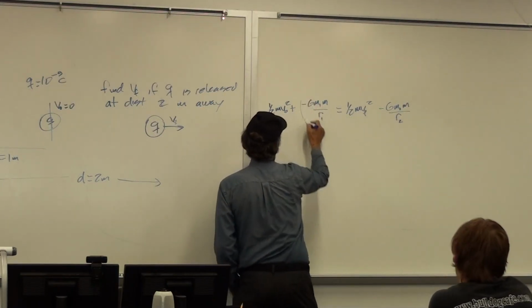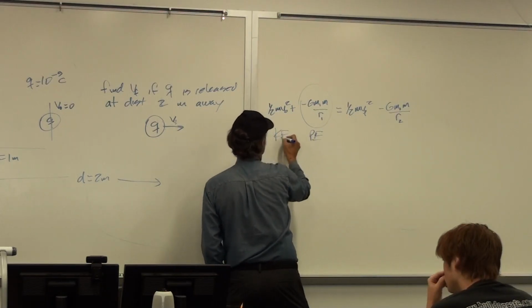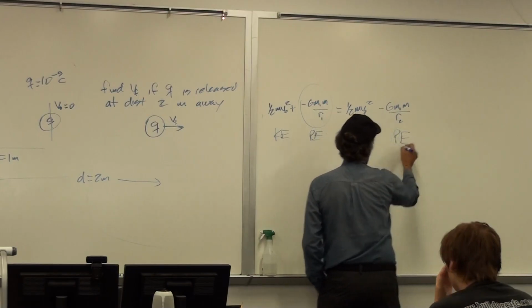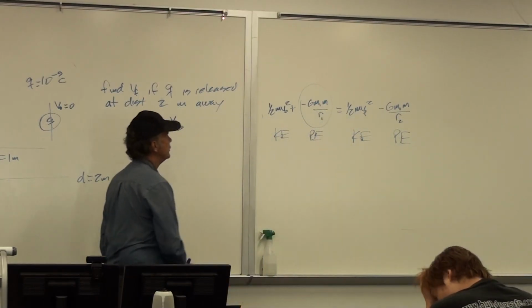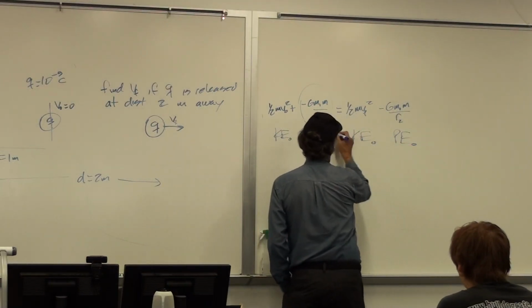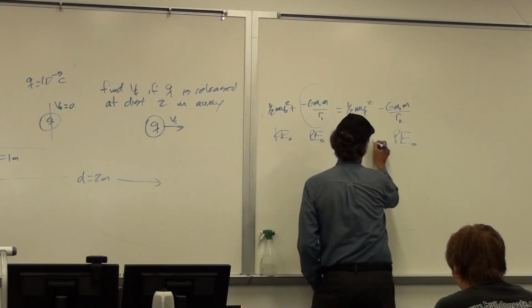So these were our potential energy terms. These were our kinetic energy terms. And we solved some problems doing that. Kinetic energy initial plus potential energy initial equals kinetic energy final plus potential energy final.